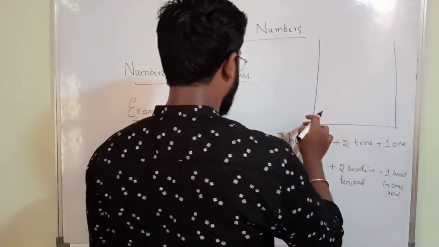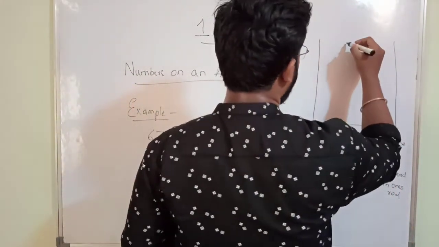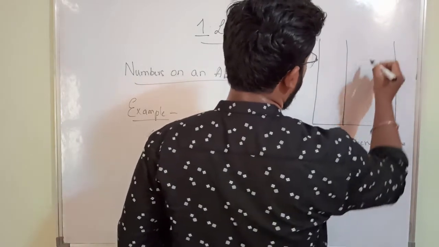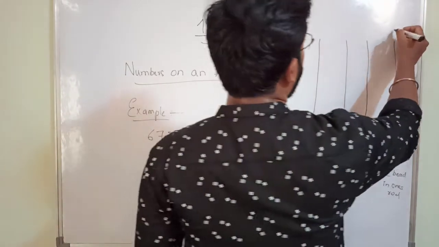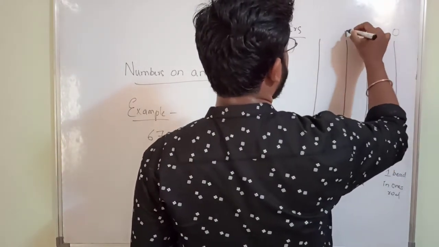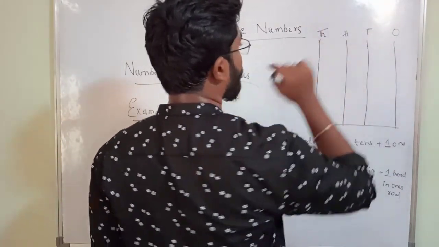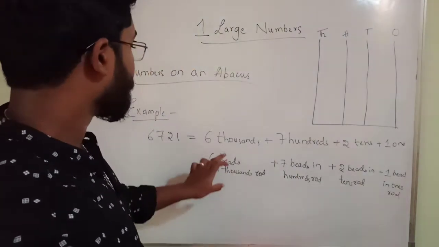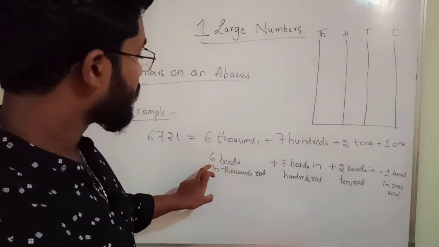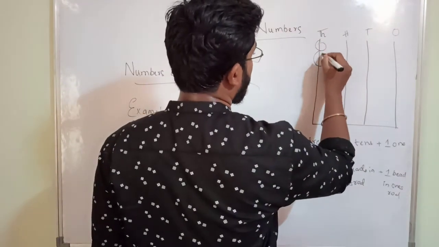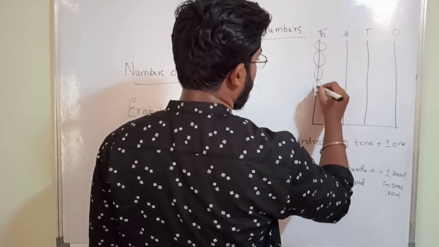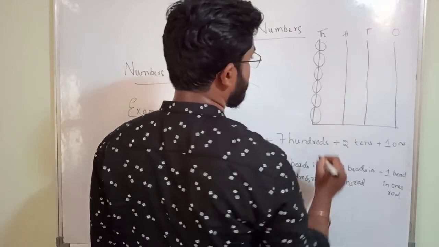So if I want to represent this one, this is ones rod, tenths rod, hundredths rod, thousands rod. Here 6,000 means 6 beads in thousands rod. 1, 2, 3, 4, 5, 6.